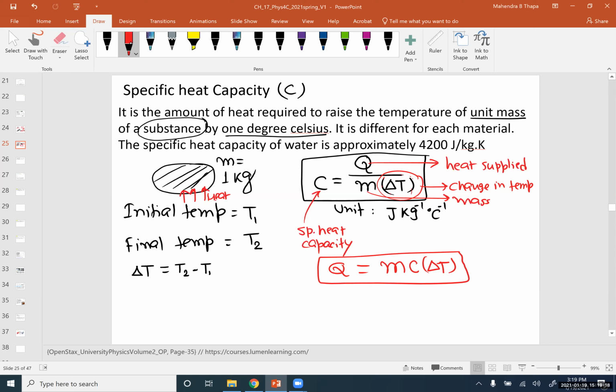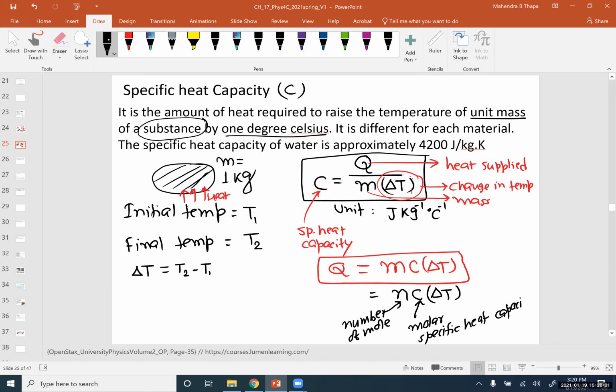If you measure the mass in moles, then it can also be written as Q equals n C delta T. In this case, the amount is measured in moles, number of moles. Because it is measured in moles, C is called the molar specific heat capacity.